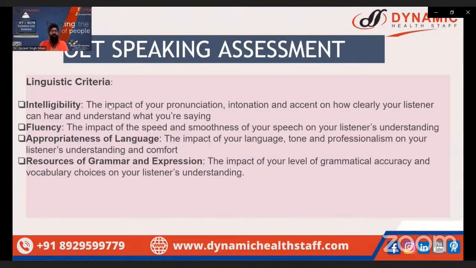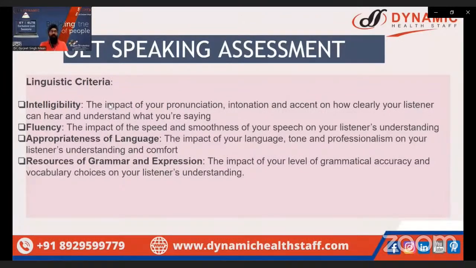Fluency: what is your flow? How much smoothness is there in your speech? There should not be hesitation or pauses, and there should not be a visible thinking process. That is known as fluency. Appropriateness of language is the impact of your language on tone and professionalism, and that impacts your listener's understanding.